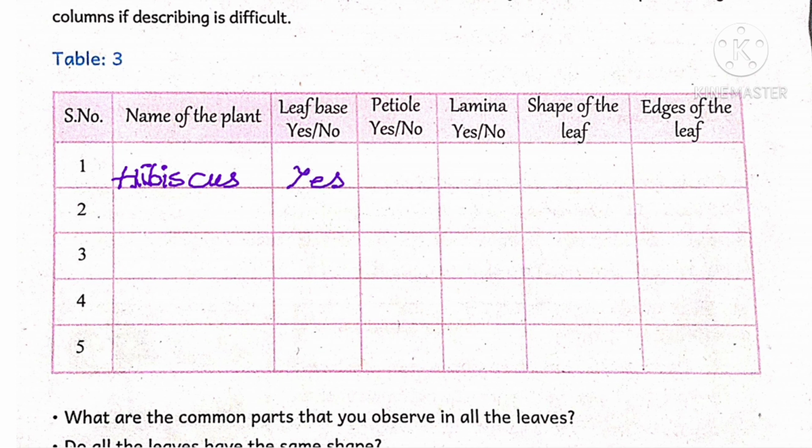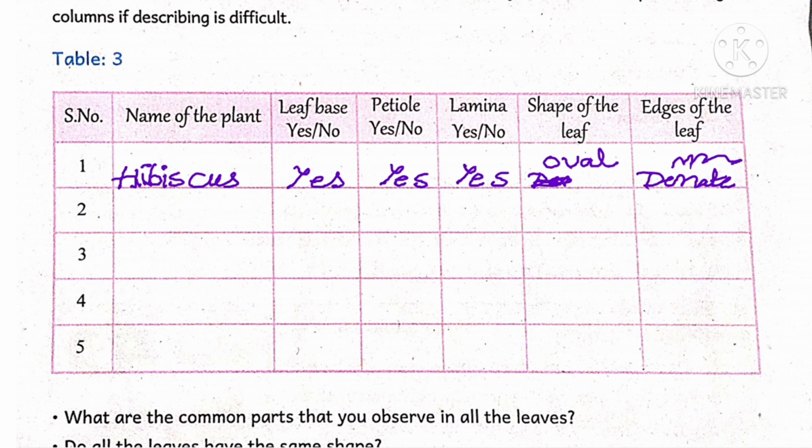Does it contain a petiole? Yes. Does it contain lamina? Yes. The shape of the leaf is a little bit oval, rectangular and oval, and the edges of the leaf are dentate. That means the sharp edges of the leaves are like that, so it is called dentate.